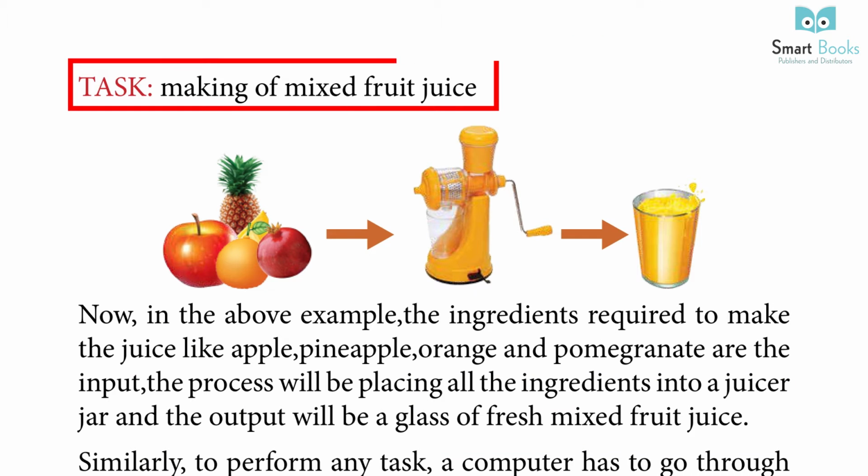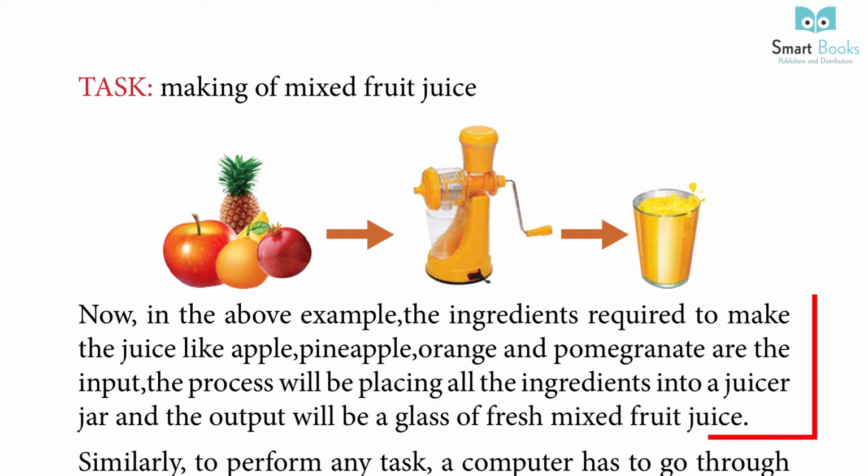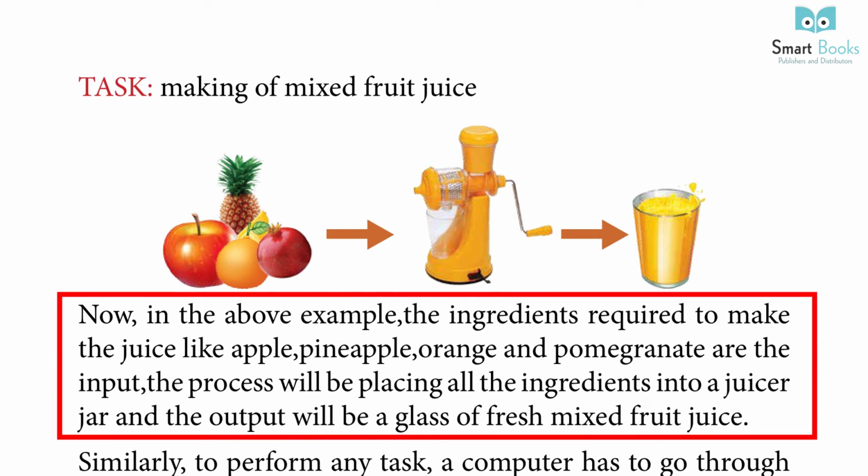Task: making of mixed fruit juice. Now in the above example, the ingredients required to make the juice like apple, pineapple, orange and pomegranate are the input. The process will be placing all the ingredients into a juicer jar, and the output will be a glass of fresh mixed fruit juice.